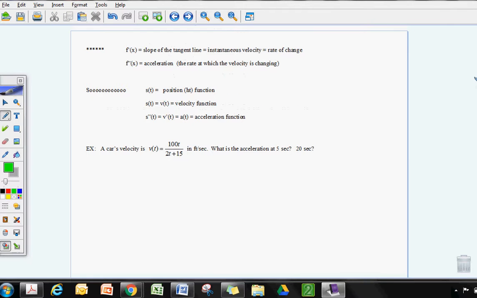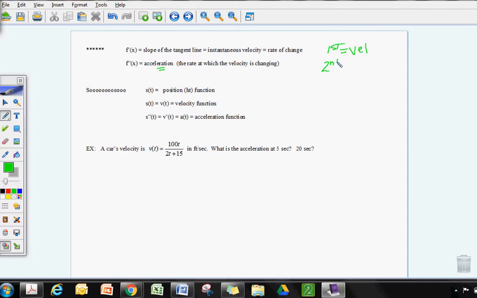This is where the most applications come in. And this is what you guys need to be able to do for explanations. The first derivative is the slope of the tangent line. That's velocity. So first derivative equals velocity. The second derivative is now going to be acceleration.